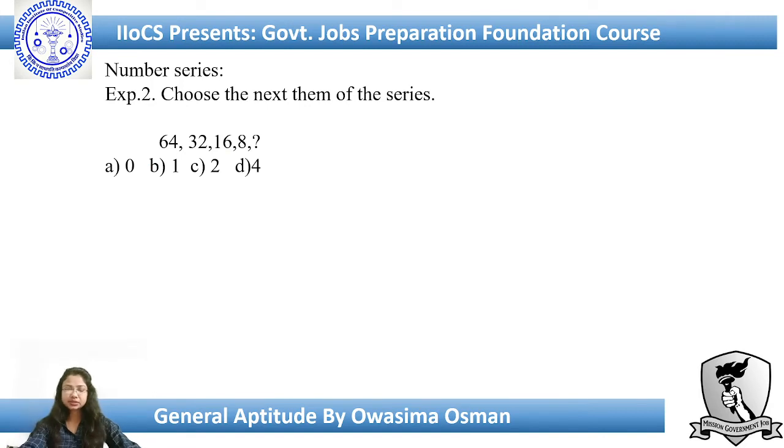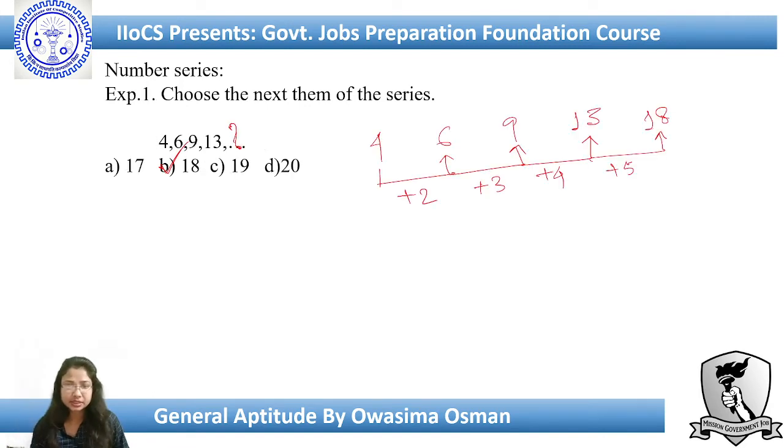Next example. One thing is that our first example was in increasing manner. From that series you can see that 4, 6, 9, 13 is in increasing manner, an ascending series.